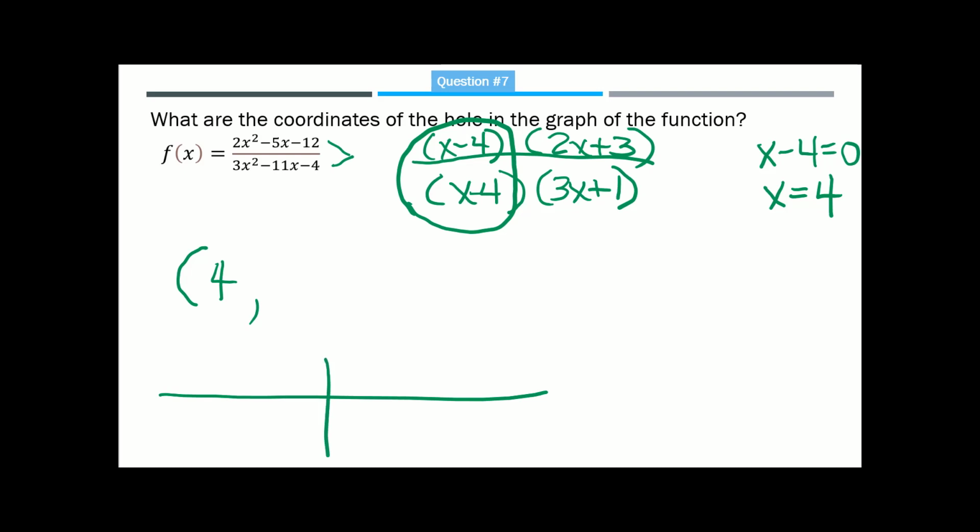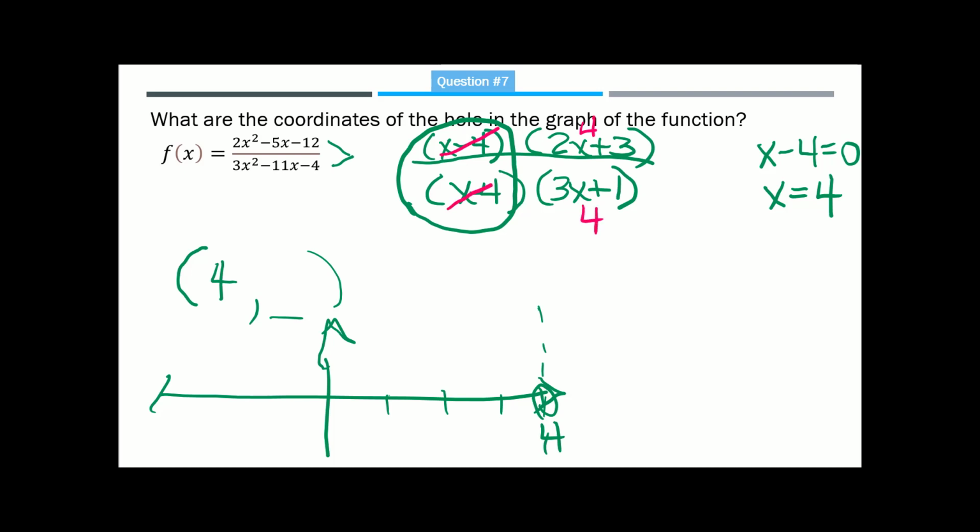So that would be our x value. On our coordinate plane, that's just our x value. I want to know what the y value is that goes in here. To find that, you're going to plug in 4 right here.